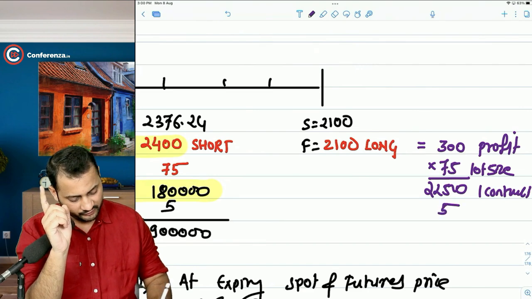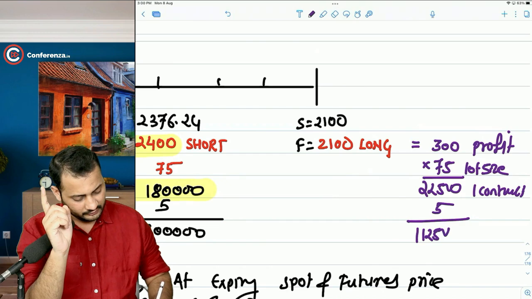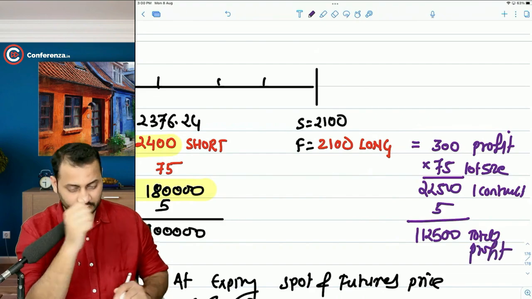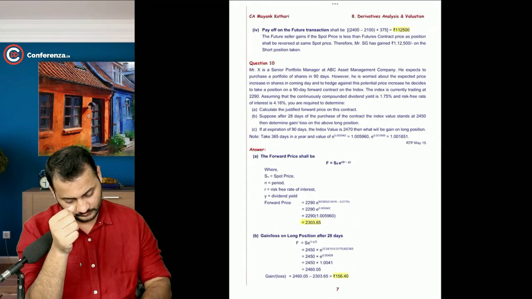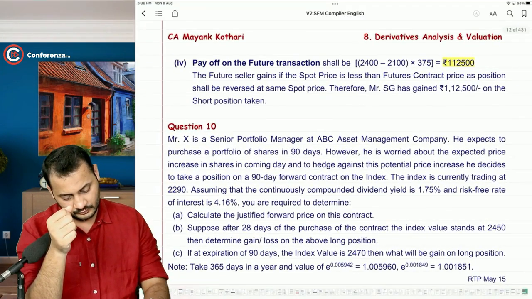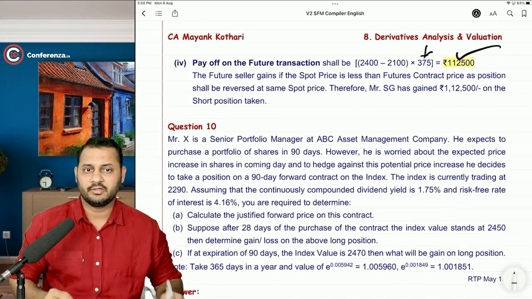In total you had 5 contracts, so multiplied by 5, 112,500 total profit. Got it? Five into 75 is 375.